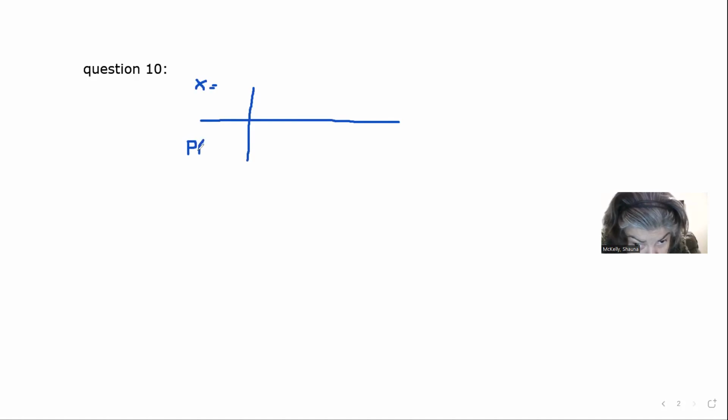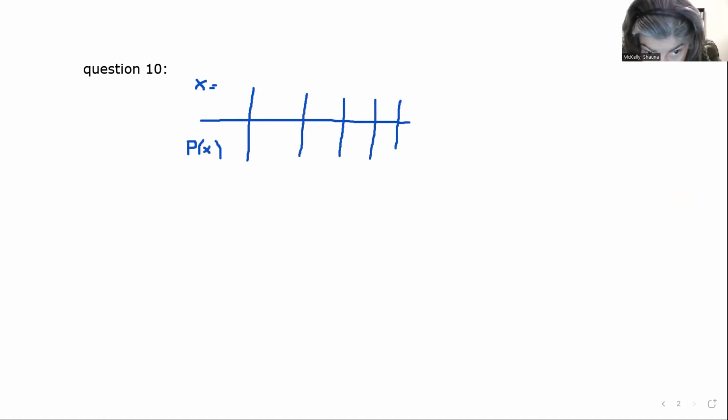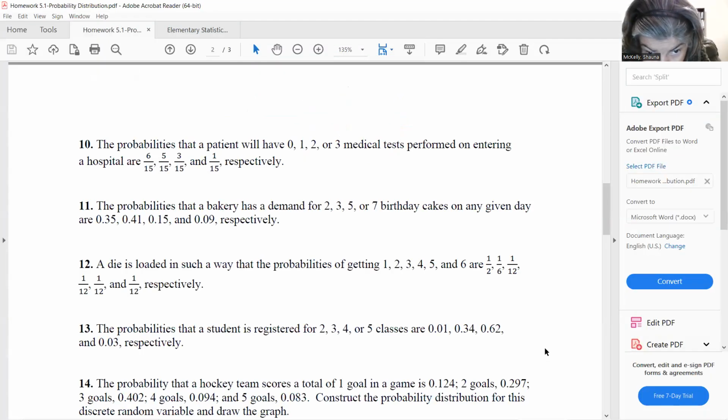Now we have to either be able to get the probability or they have to give it to you. Sometimes it's a situation and you have to find these, but here, I believe they gave them to you. So let me just put some lines in my distribution here, and we'll see where we're going with this. So let's return to our exercise. It says the probabilities that a patient will have 0, 1, 2, or 3 medical tests performed, okay?